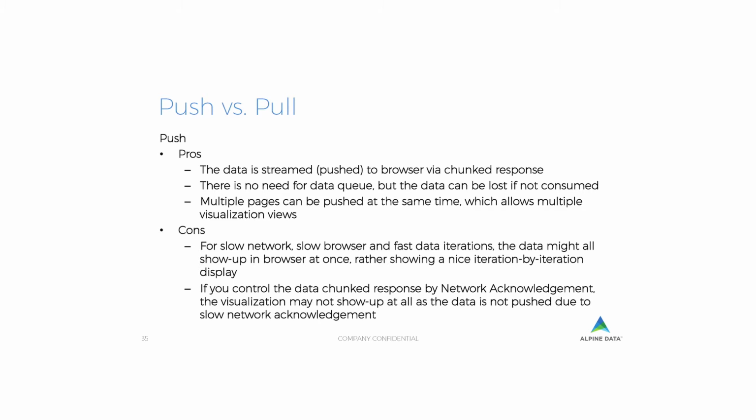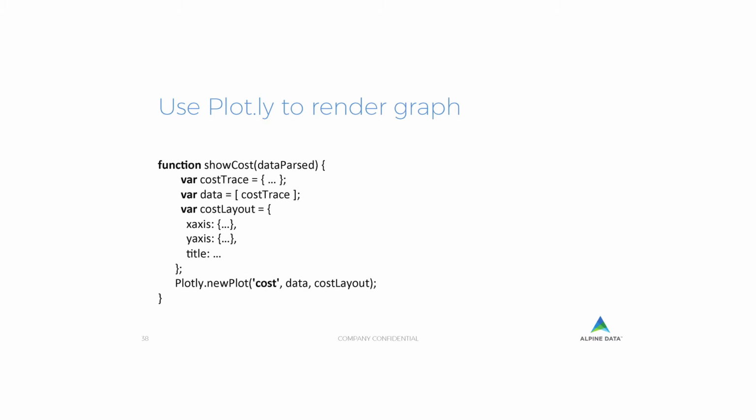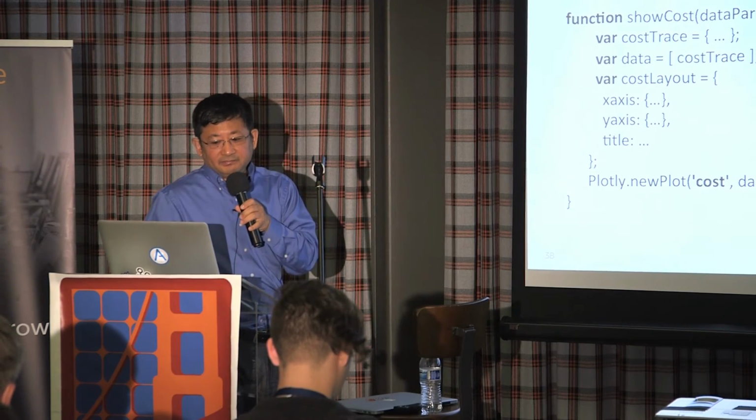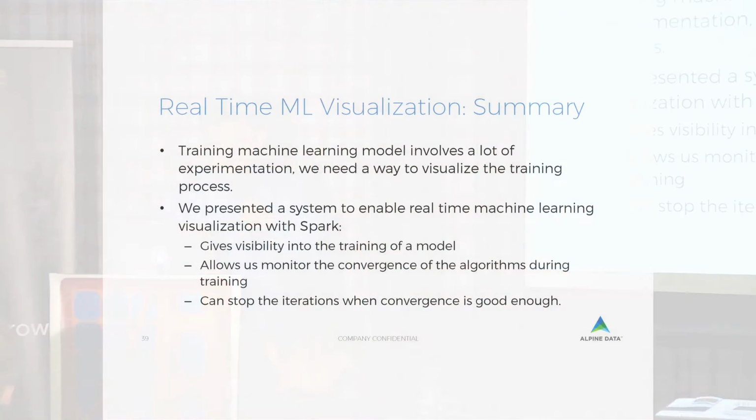Here we just use Plotly, and plotting the visualization with Plotly is actually quite simple. You define your data vectors, specify the x and y values, and plug them into a JavaScript call. And Plotly is open source; everybody can use it.